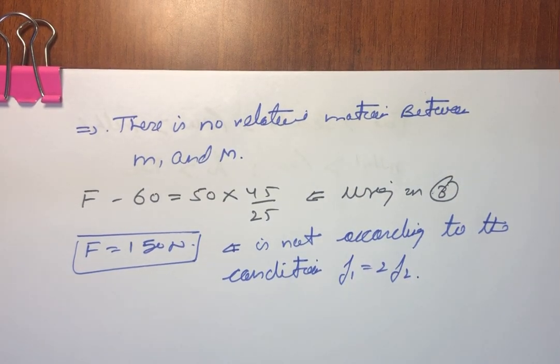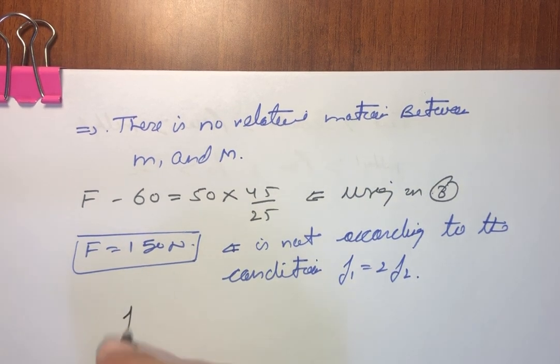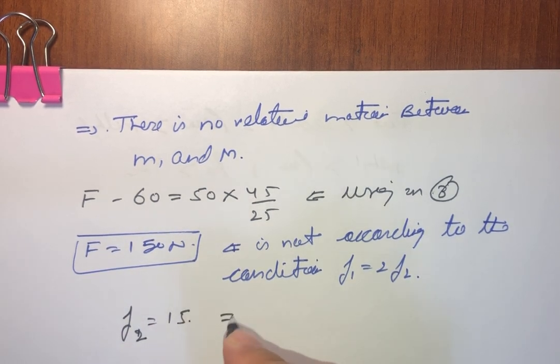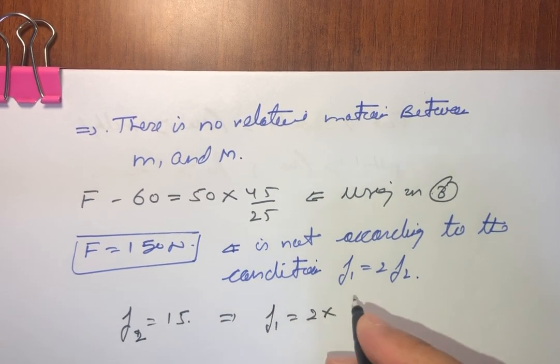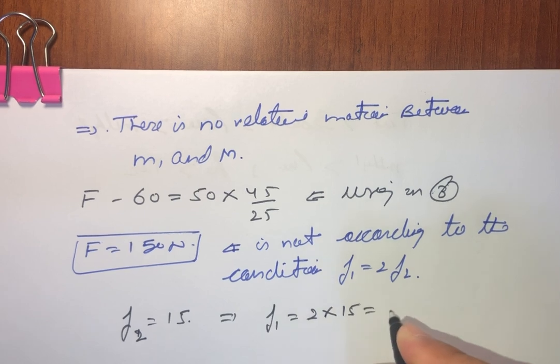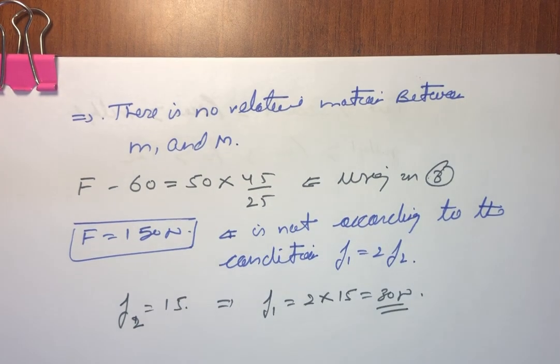If you want, we can check it also. We know that our F2 is 15 Newton, and F1 will be coming equal to twice into 15, which will equal 30 Newton. Okay, but the actual value of F1 which we calculated is 60 Newton.